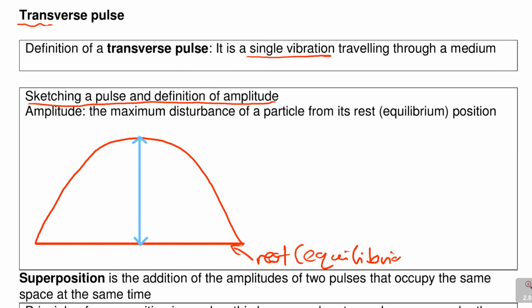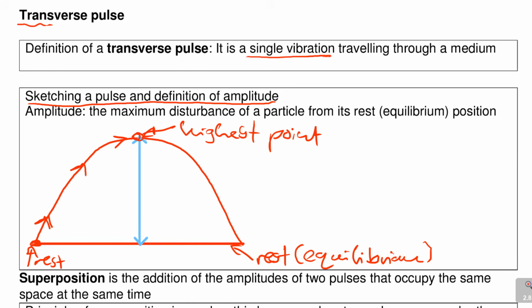So it starts from that point there, which is the rest. It moves up, and at that point we call this the highest point of the pulse.